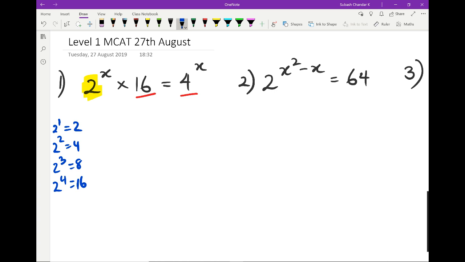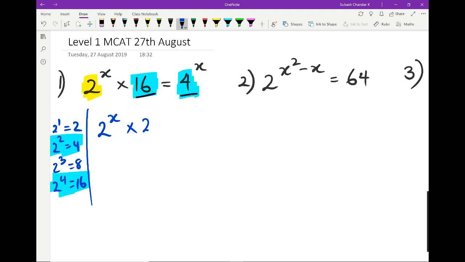So what I want to do is replace 16 and replace 4 with powers of 2. So that's what I'm going to try and do here. So 2 to the power of x, I'm going to leave as it is. So it's just going to be 2 to the power of x multiplied by 16, which is 2 to the power of 4. But 4 here is actually 2 squared.